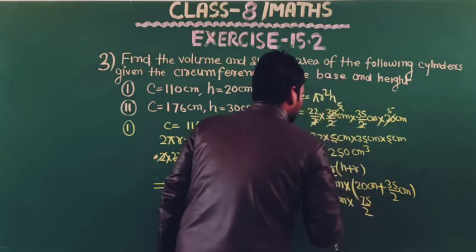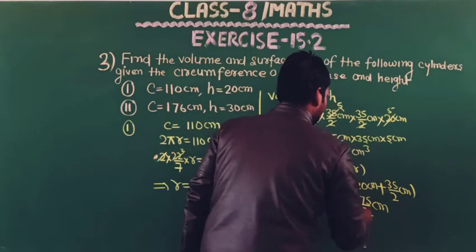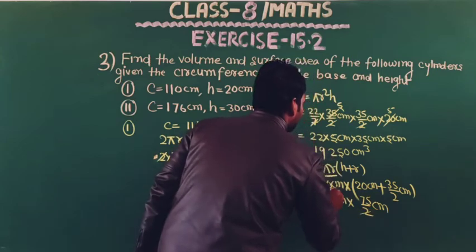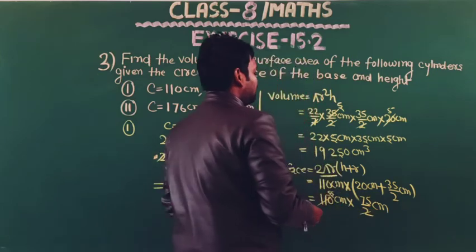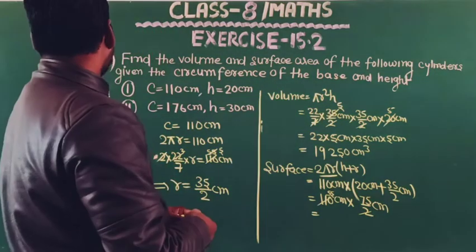And 110 divided by 2, 2 5s are 10, 2 5s are 10. Now multiply 55 centimeter by 75 centimeter.